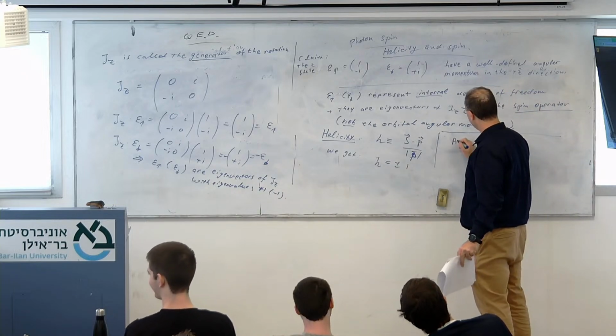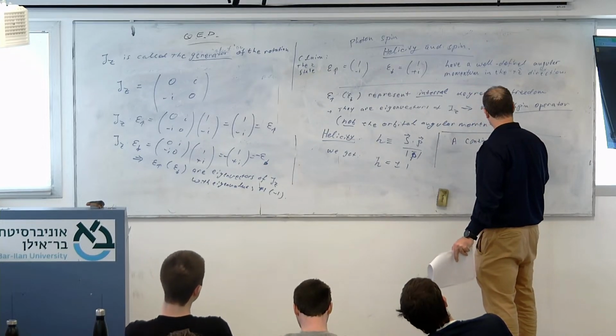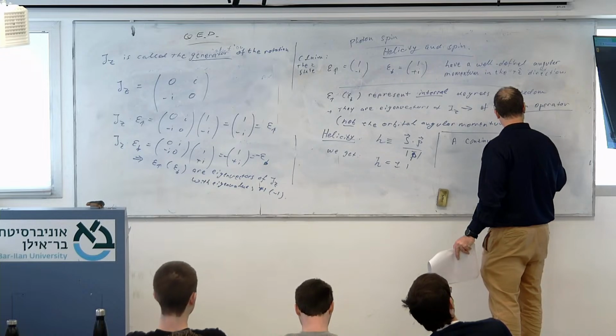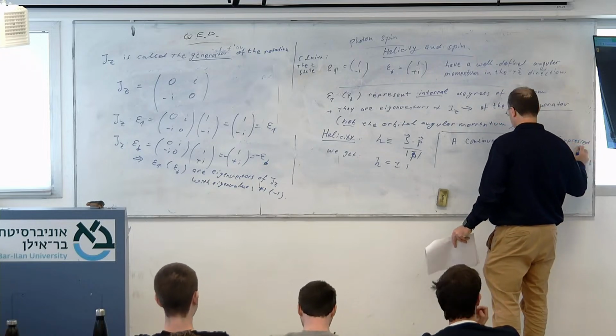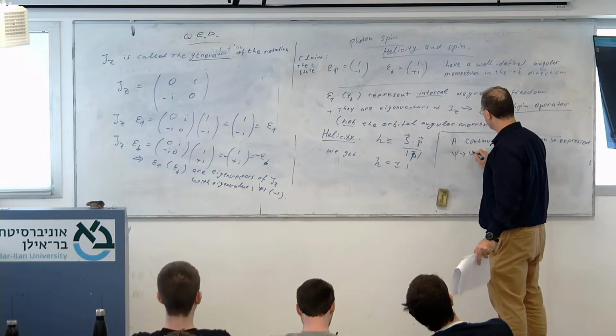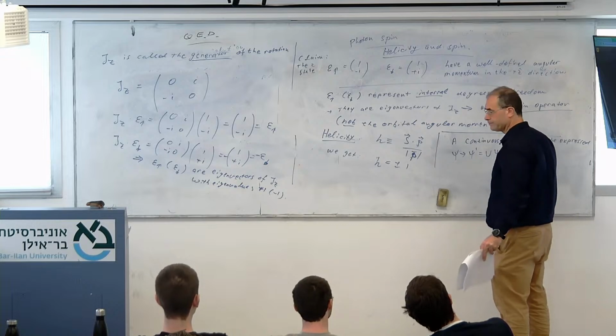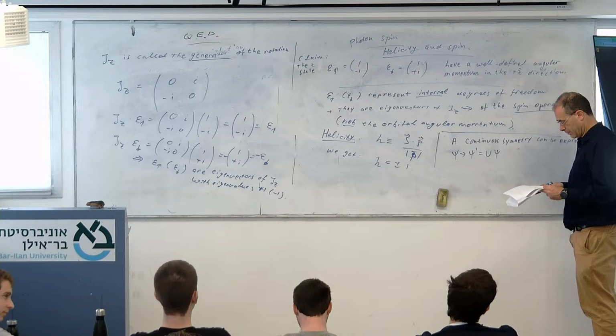A symmetry, a continuous symmetry, can be expressed by writing the wave function as psi goes to psi prime, which is U psi. U is some operator, right?